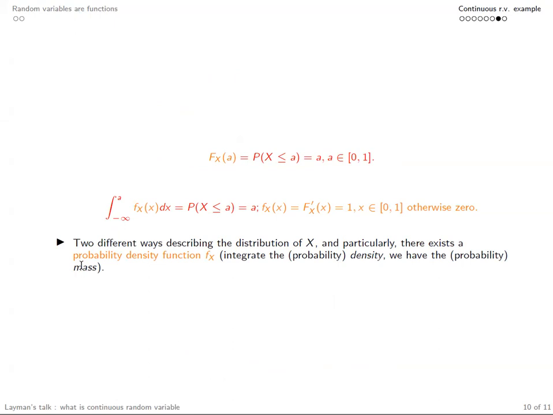And particularly, there exists a probability density function, f_X. If we integrate this density, we have the mass. Right? If you integrate the probability density, you have the probability value.